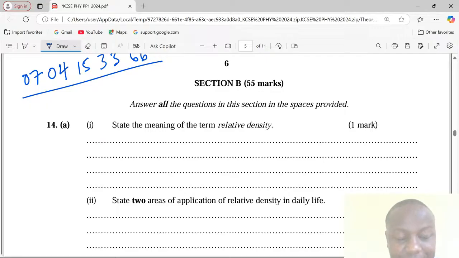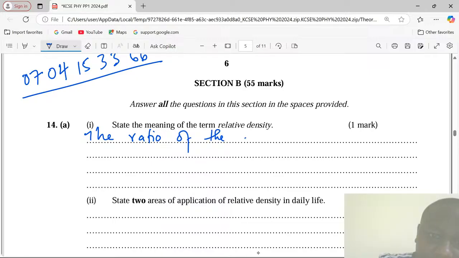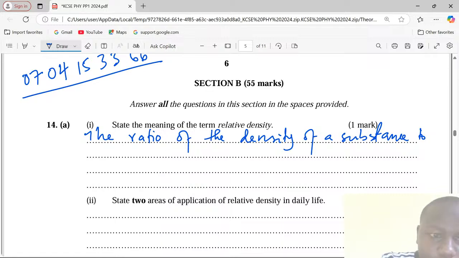We should know that relative density is the density of a substance in relation to the density of water. It is the ratio of the density of a substance to the density of water.